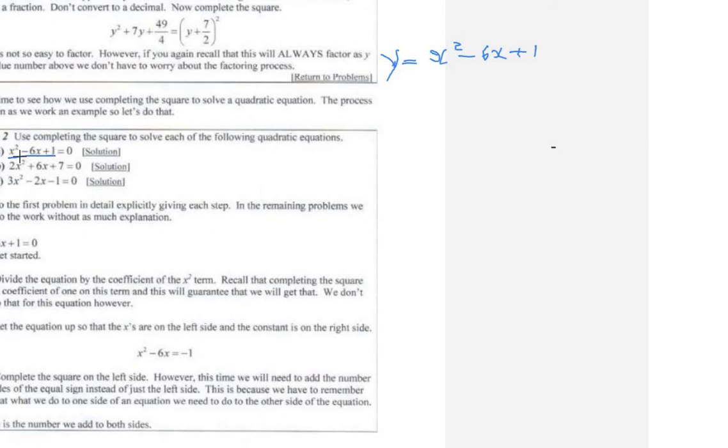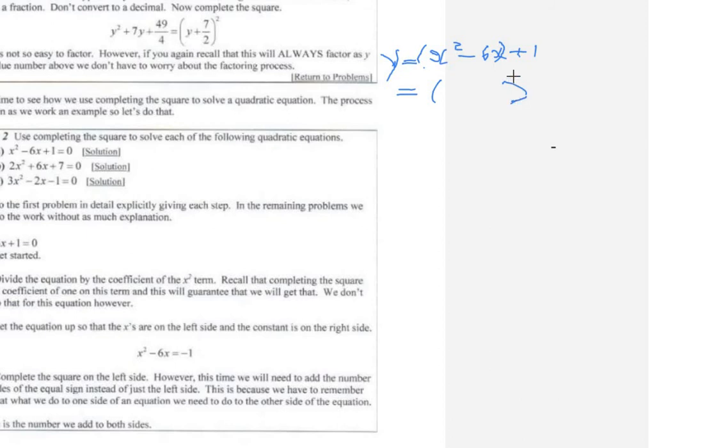Here, we have x squared minus 6x plus 1 equal to 0. Alright, but not here. So this is just an expression. If I rewrite this so that it is the same thing, remember I cannot change it, I group those two together, and they're going to give me the square.